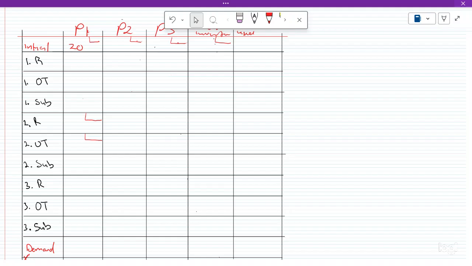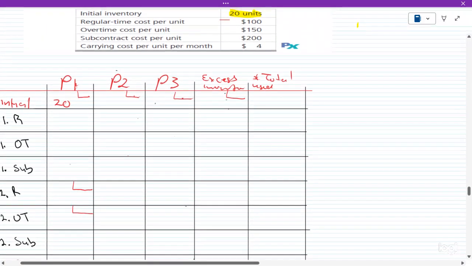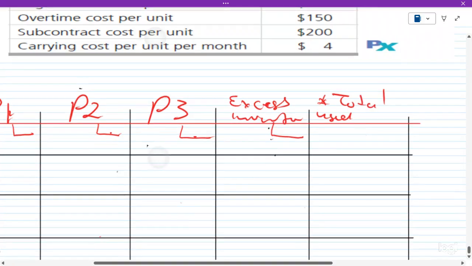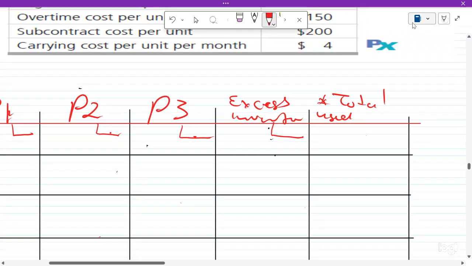After P3, it's excess inventory. Excess inventory. I write very badly, guys, you must forgive me.